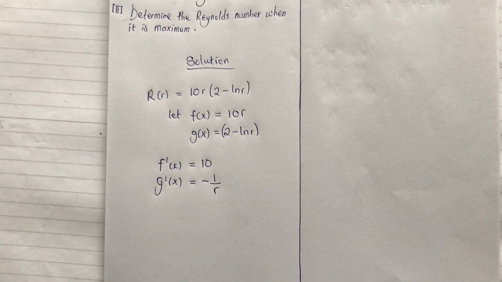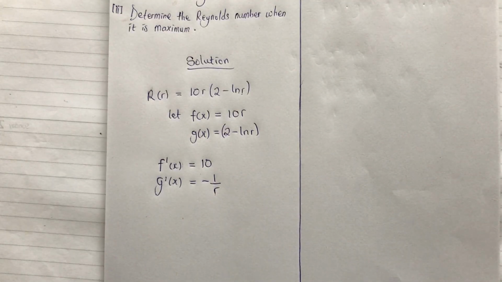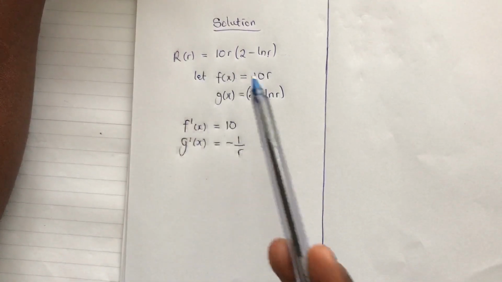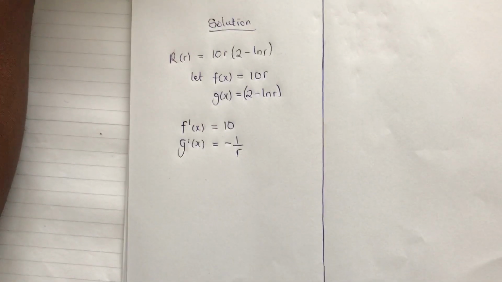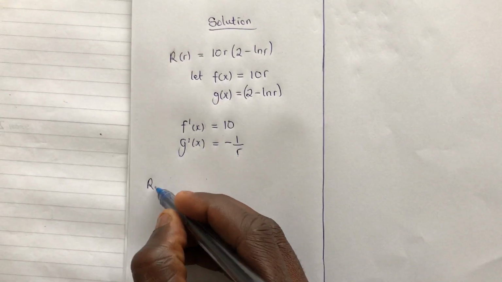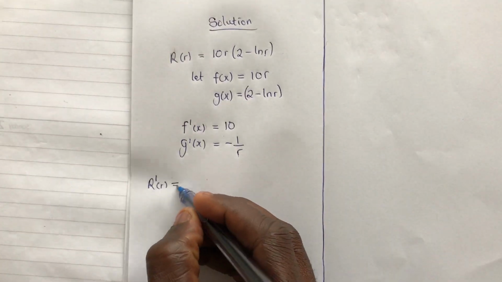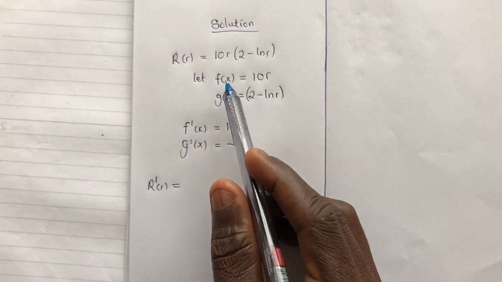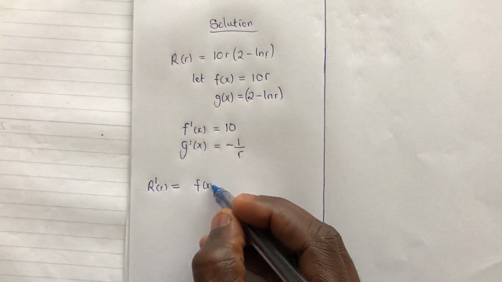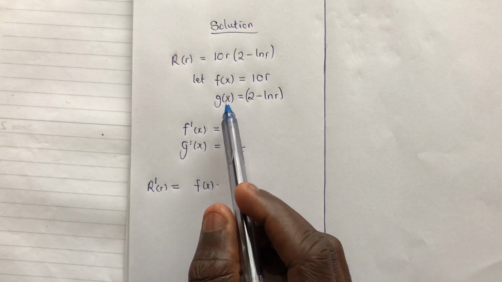Now we need to use the product rule, substituting this result into the product rule formula. Now what you need to know is that we were actually differentiating the main function here. So we will quote the formula and substitute the result. So now the differential of r is this, and it will be equal to, take the first function, which is f of x, multiply by the derivative of the second function, g of x.